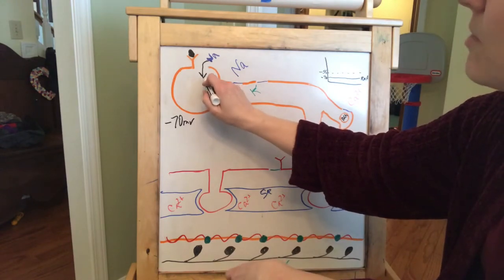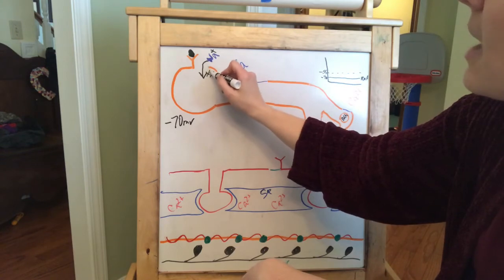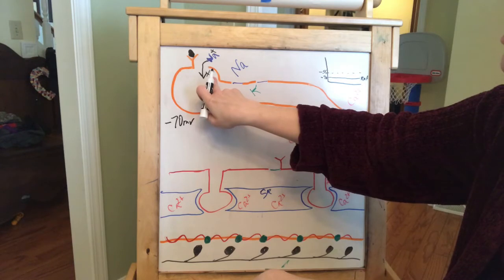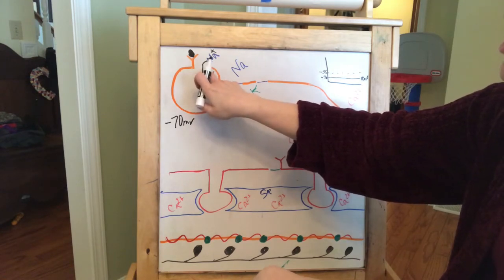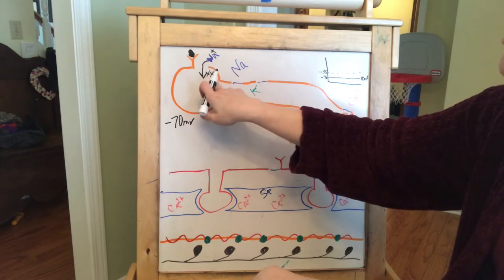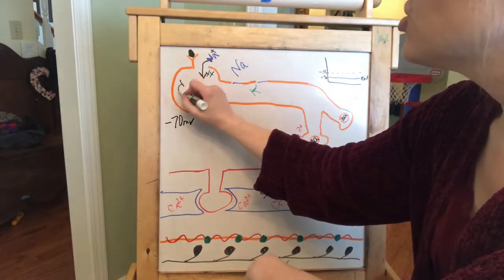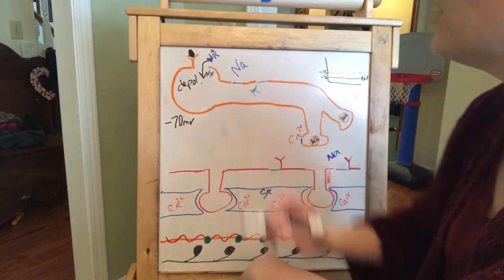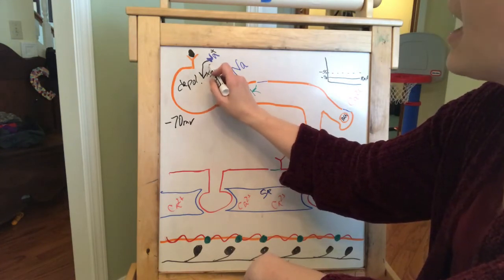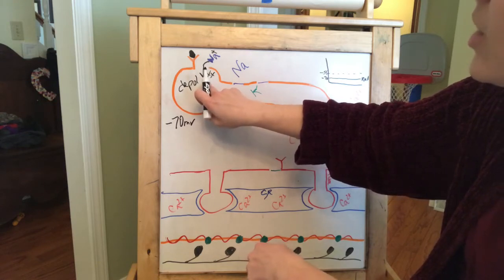When sodium flows in, remember sodium is positive, that's going to bring more positive charges into the cell body. That is going to cause this membrane potential of the neuron to become more positive. That's called depolarization.